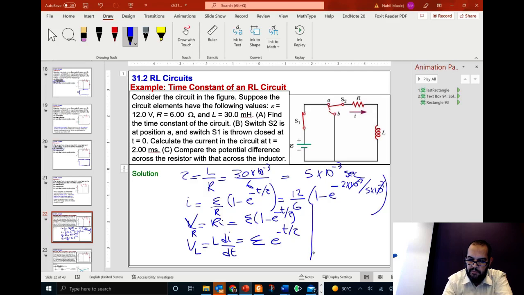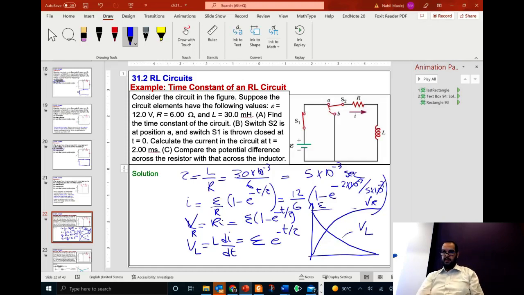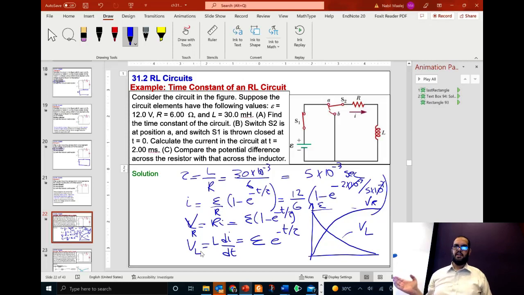If you plot them, the voltage across the resistor, VR, is rising exponentially, and across the inductor it's decaying exponentially. Both of them are at the same value at the crossing point. You can use these equations to calculate the voltage across the resistor or the inductor at any time.